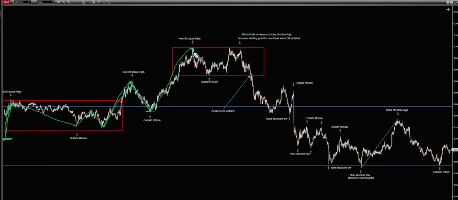Then the friend of mine, the Twitter member, marks this as the outside return, which is one of the things I mentioned in my trend reading video. That would be correct in case that after this price point we got a new higher high here.